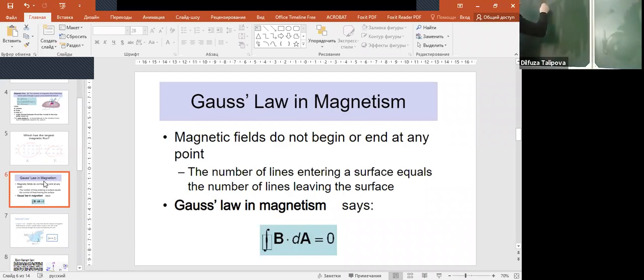If we have such kind of surface, with this area equal to A, and here we have the magnetic field lines moving in this way, the Gauss law says that the number of lines entering a surface equals the number of lines leaving the surface.